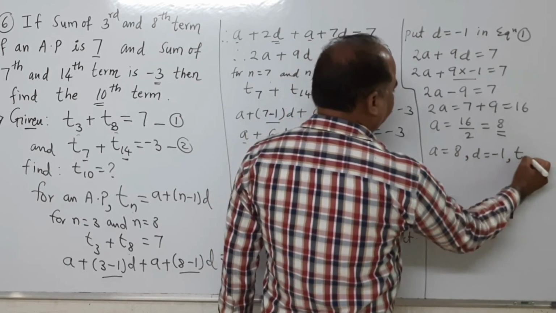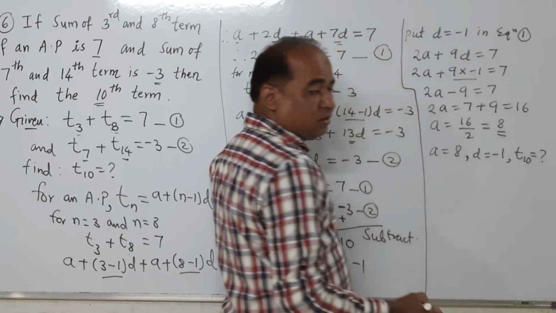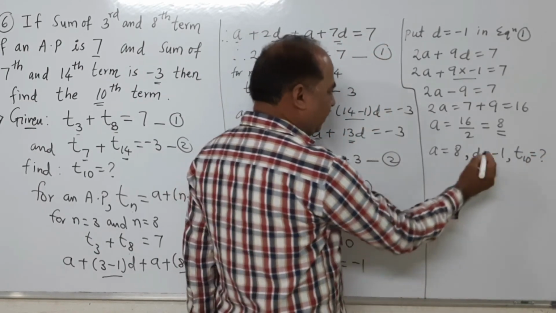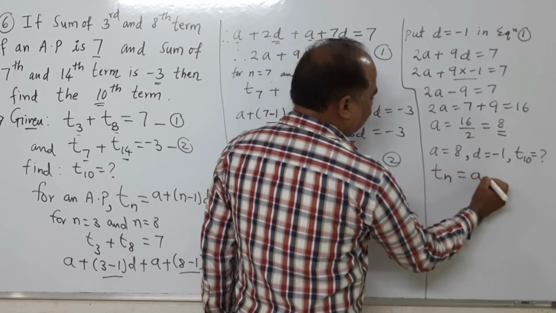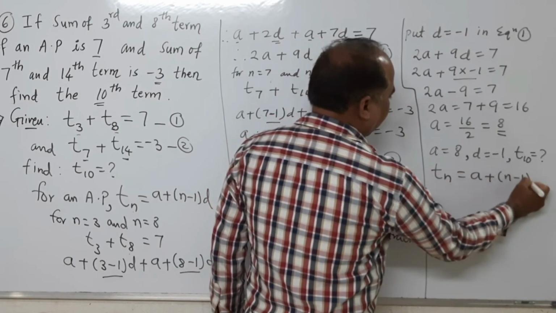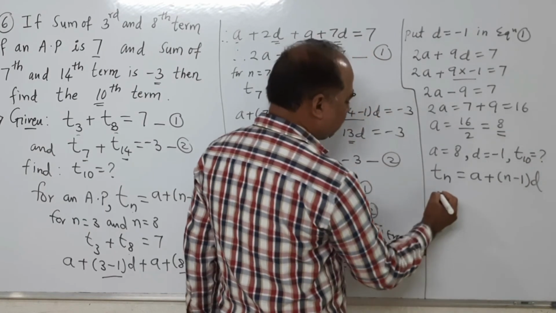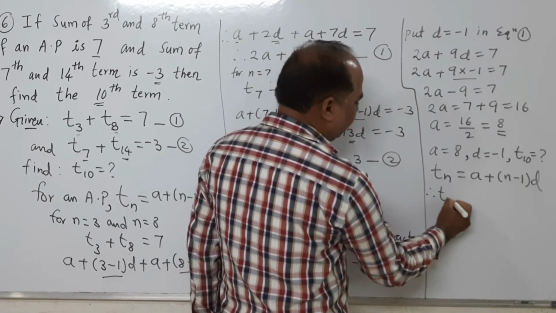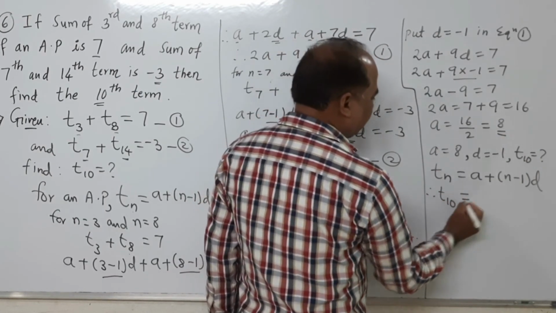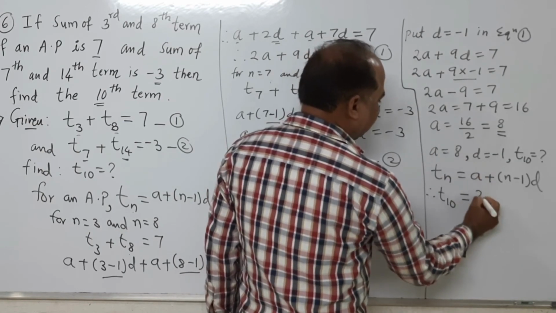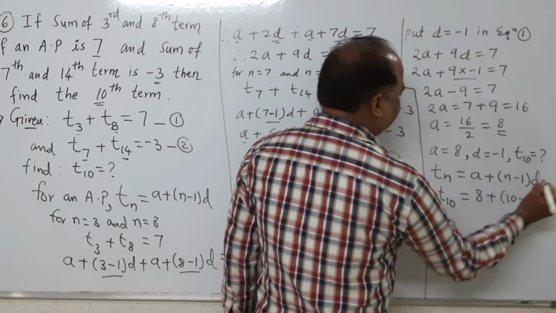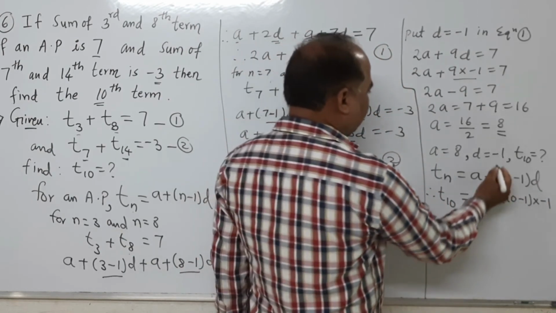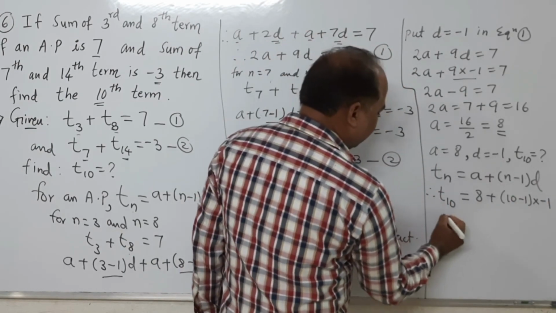We have to find the 10th term, t10 is equal to question mark. So we will find here t10. For an AP, tn is equal to a plus n minus 1 into d. Therefore for n is equal to 10, 10th term of an AP, t10 is equal to a, which is 8, plus 10 minus 1 into d, the value of d is minus 1, substitute the value.